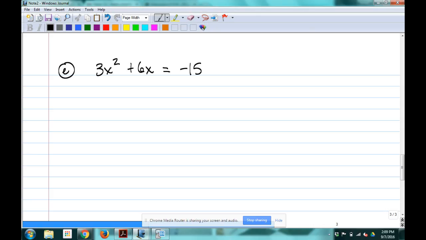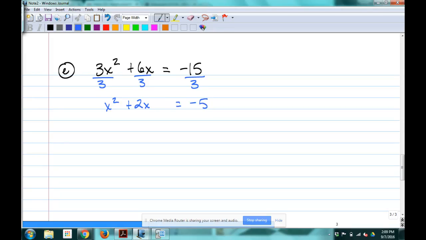But the 3 in front of the x squared is the problem. How do we get rid of a 3 in front of x squared? Divide everybody by 3. This one works out really nice because 3 goes into everything. X squared plus 2x equals -5.